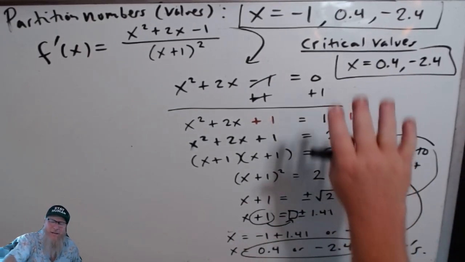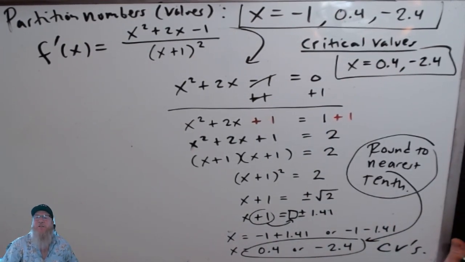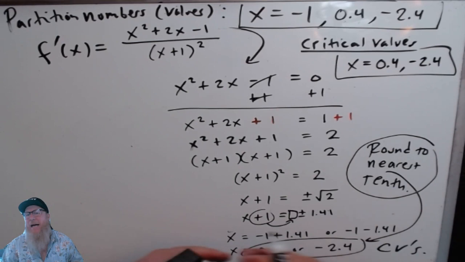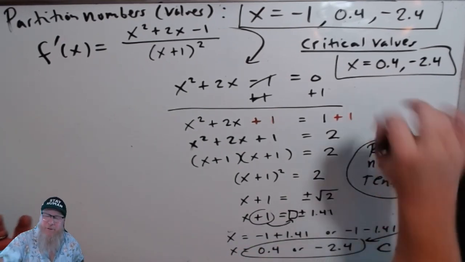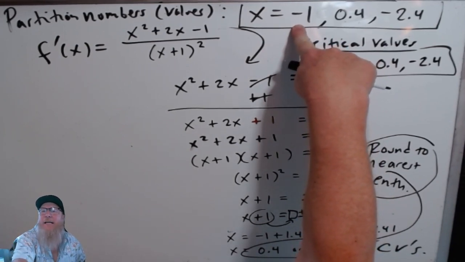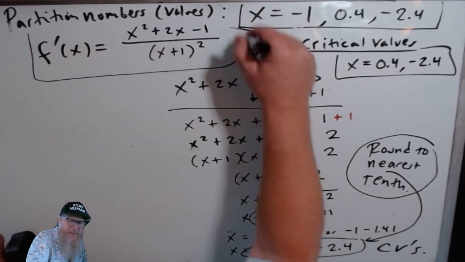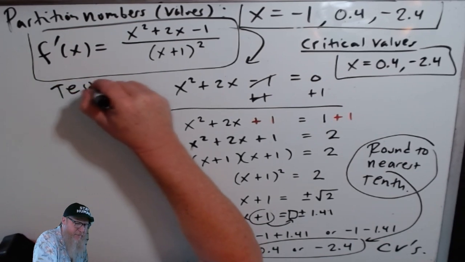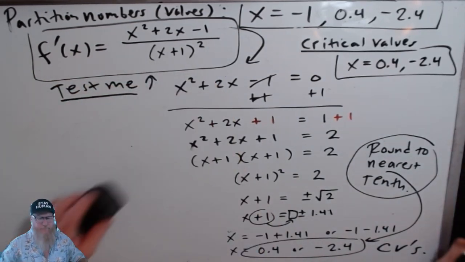I want you to know that sometimes these are the same. Critical values and partition numbers are the same if the domain is all real numbers. But if the domain's not all real numbers, well, then there's usually at least one number that's in the partition, but it's not considered critical. So now we're going to do our test.